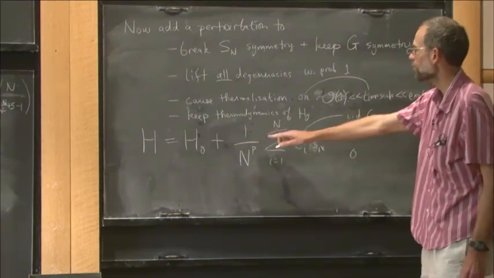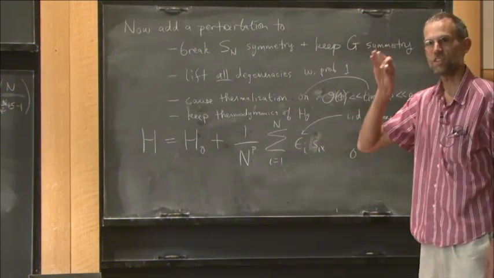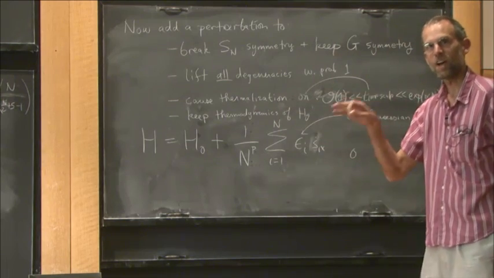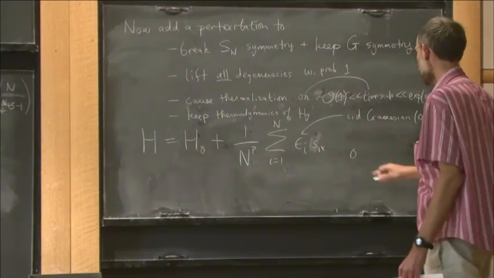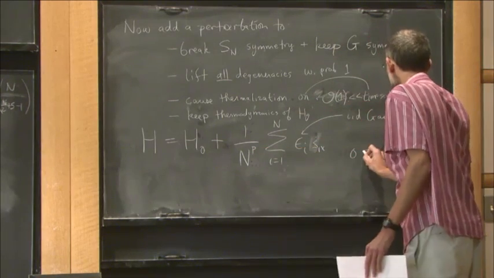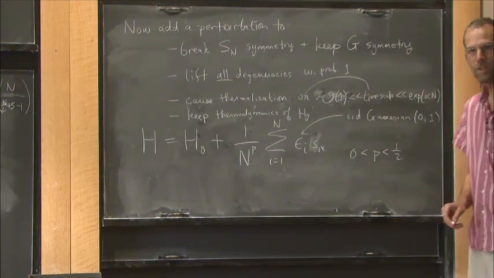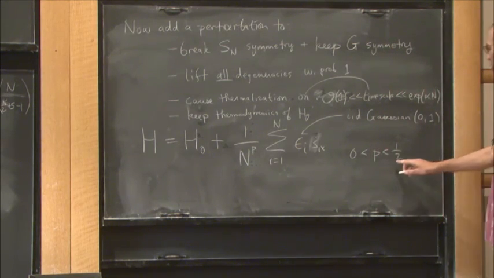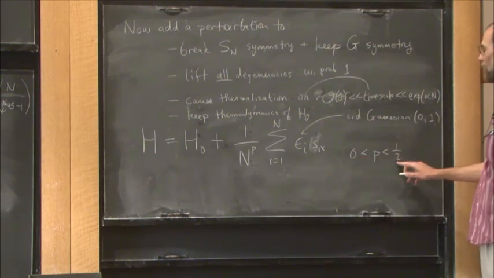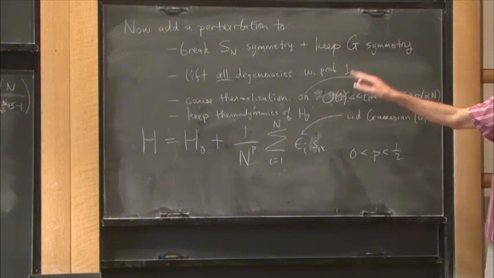So this perturbation is going to change the dynamics of the system, but not the thermodynamics of the system. Okay? And I want this exponent p to be between 0 and a half in order for that to be true.